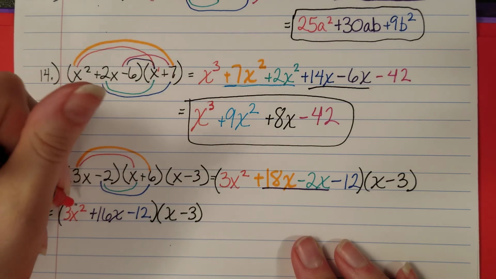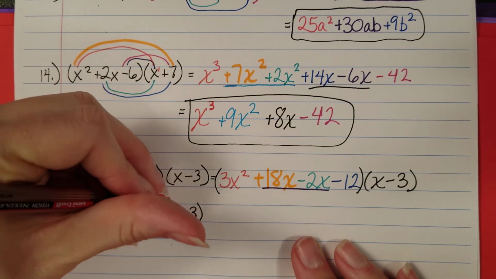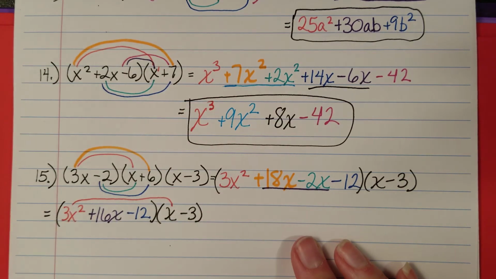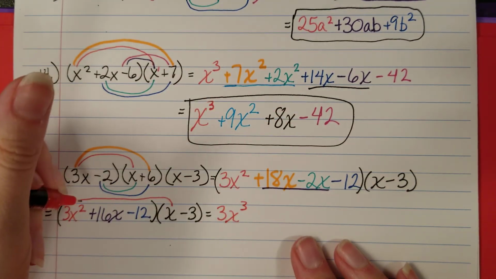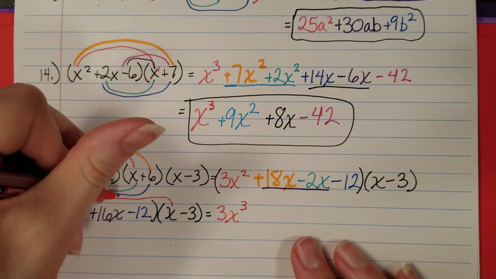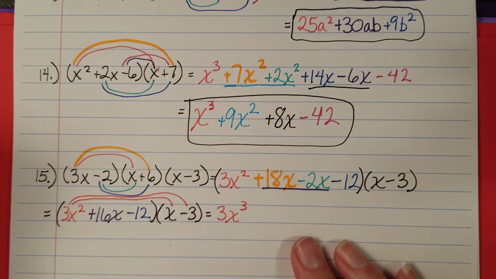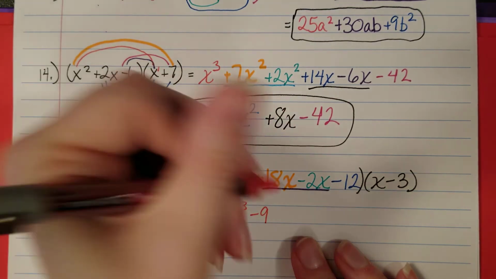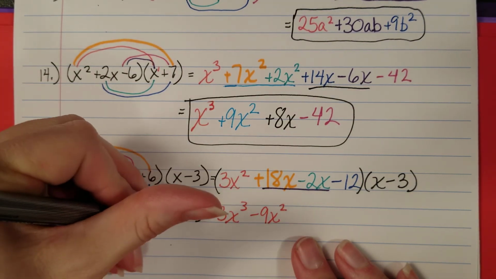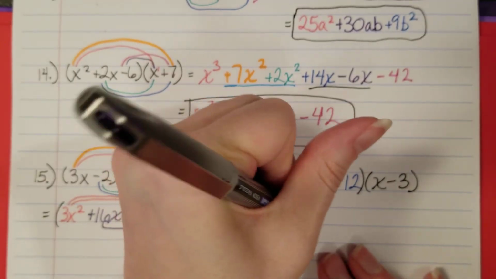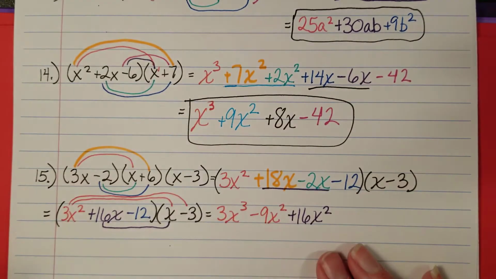So I'll do 3x squared times x, which is going to give me 3x to the 3rd. And then I'm going to do 3x squared times negative 3, which is going to give me minus 9x squared. Then I will do 16x times x, which would give me plus 16x squared.